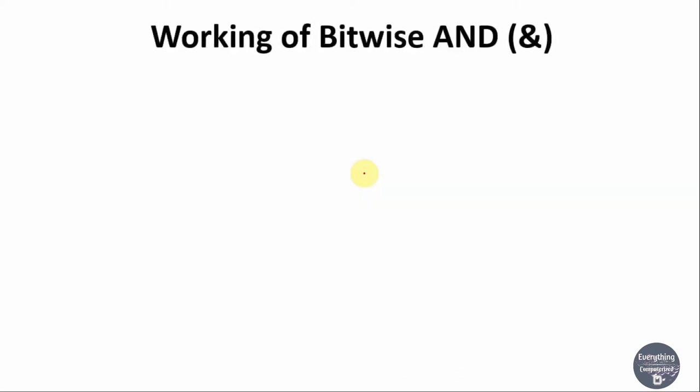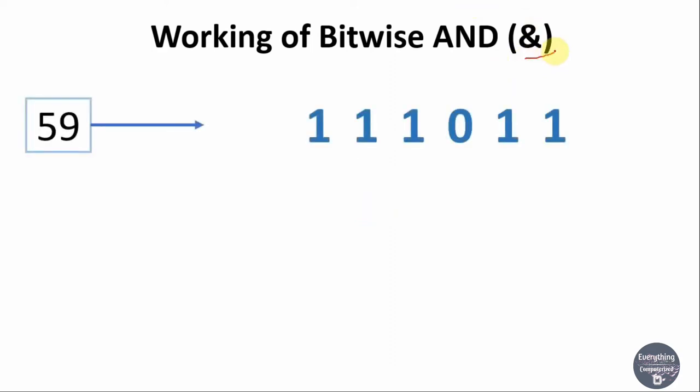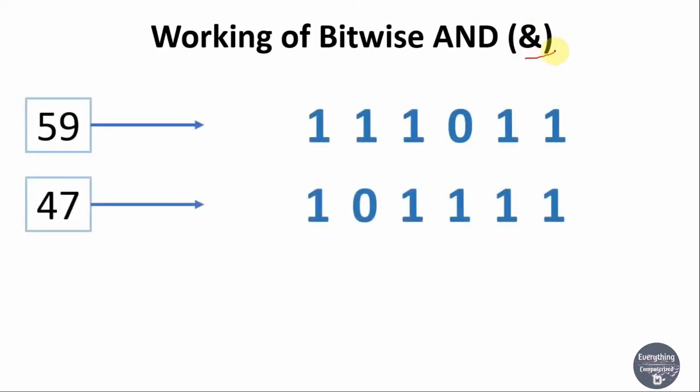Let's take a look at how these all work. So let's first understand the working of the bitwise AND operator. So 59 and 47 are converted into their corresponding binary equivalents, and then all the corresponding bits are compared and a result is generated. So we will start from the end.